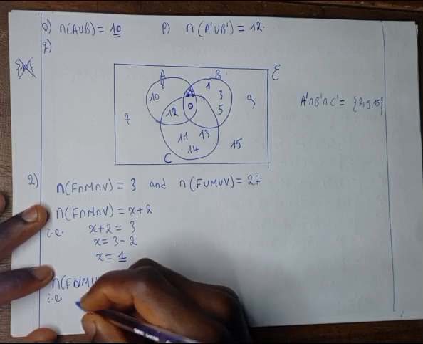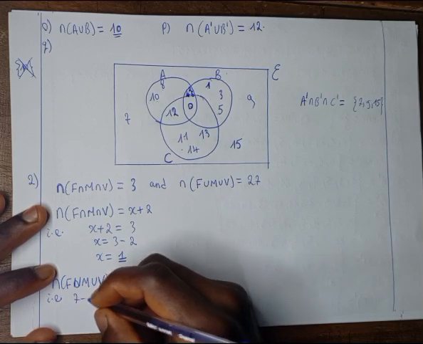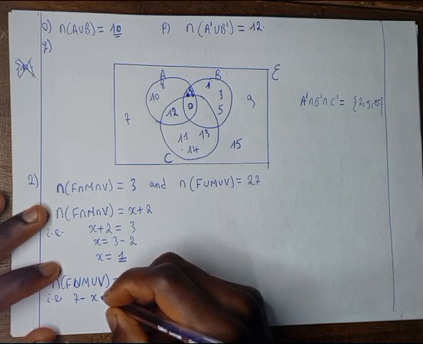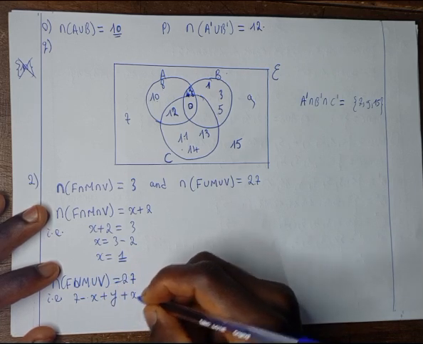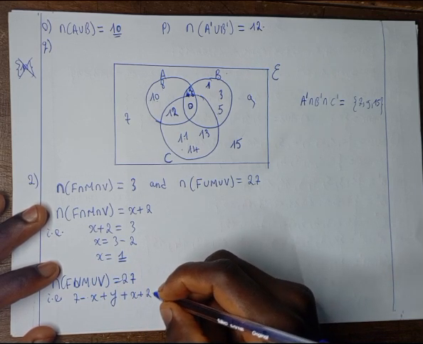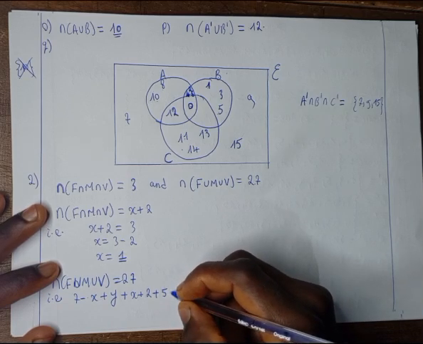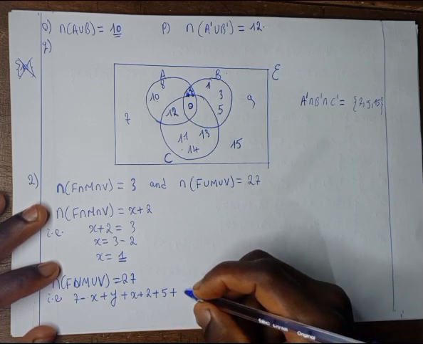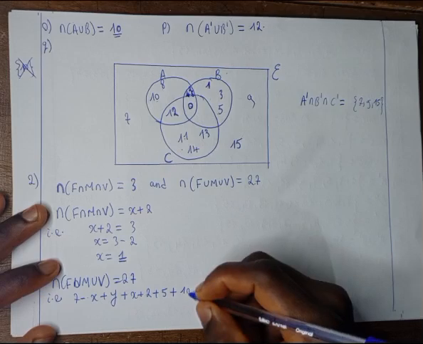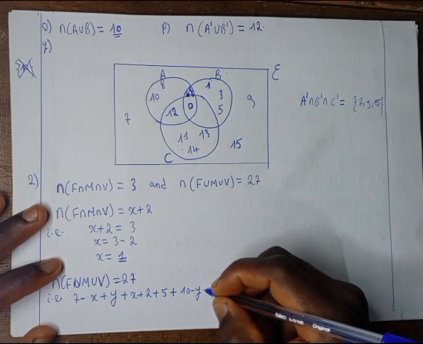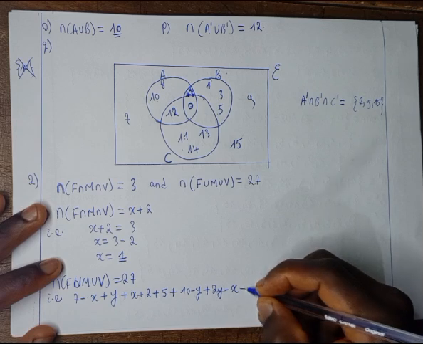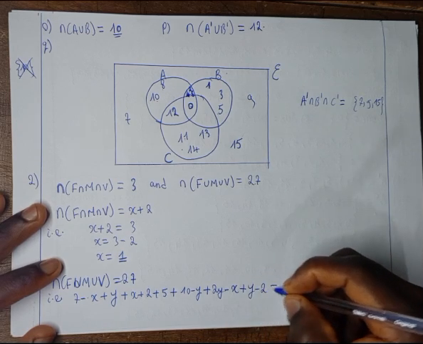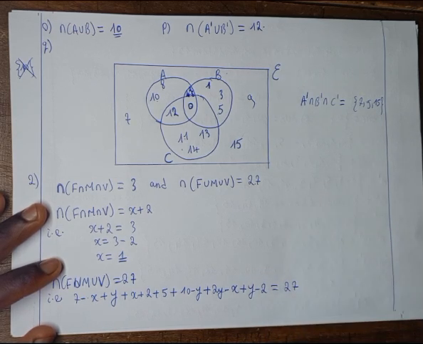That is, take 7 minus x plus y plus x plus 2 plus 5 plus 10 minus y plus 2y minus x plus y minus 2, it should be equal to 27.